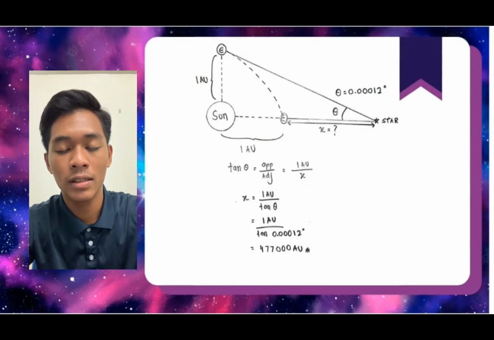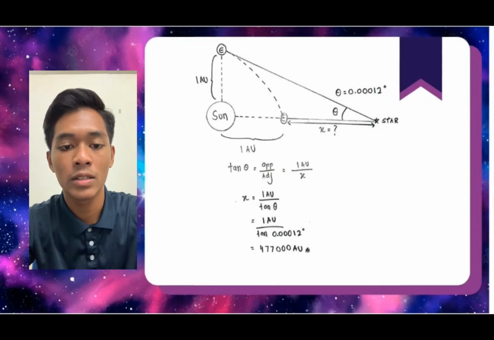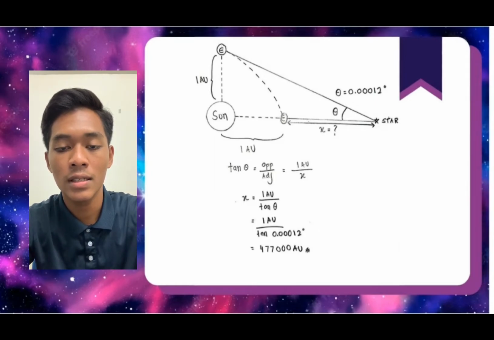The information we get is that the distance between sun and earth is 1 astronomical unit, theta is 0.00012, and x is the distance between the earth and the star.